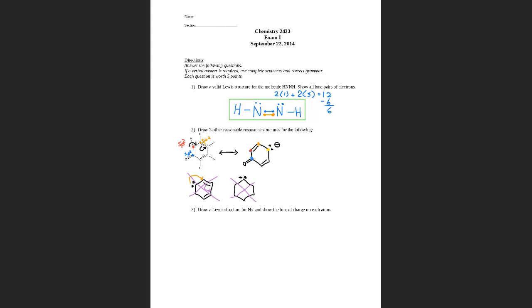One of the things you'll notice is that when electrons move towards an atom, it becomes more negative. When electrons move away from an atom, it becomes either less negative or more positive. So for example, this red carbon used to be negative, but electrons moved away from it, so now it's neutral.